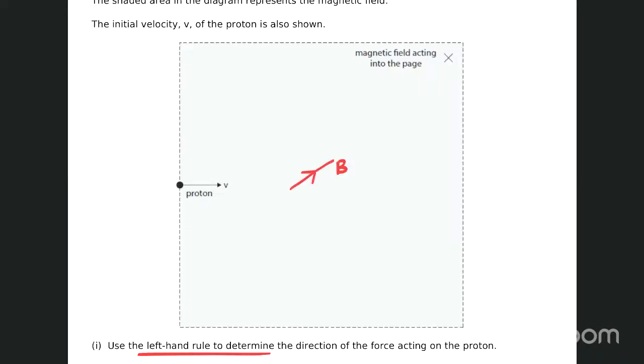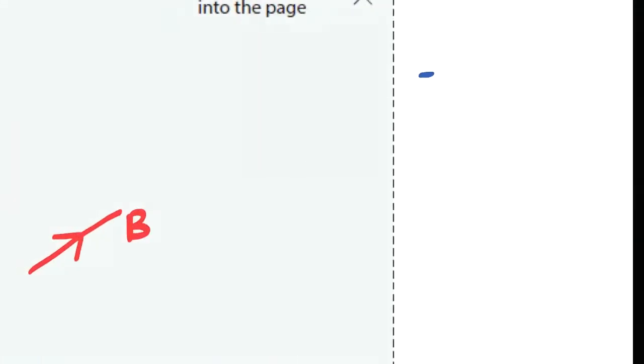Now we need to know what will be the current direction, right? In the theory note as well, I mentioned that if it is a positive charge moving in this direction, it will be the current direction as well.